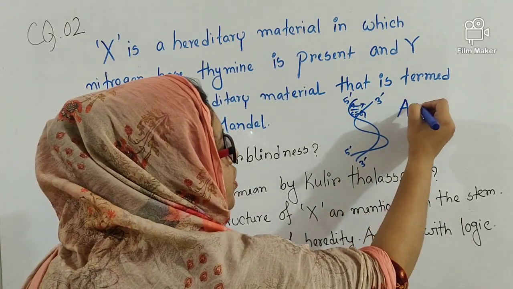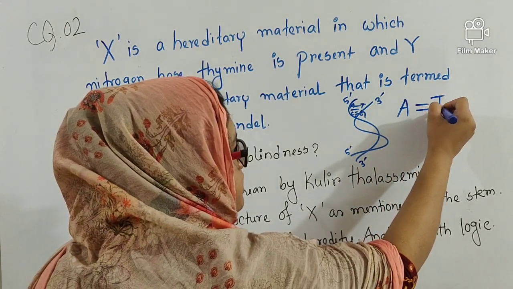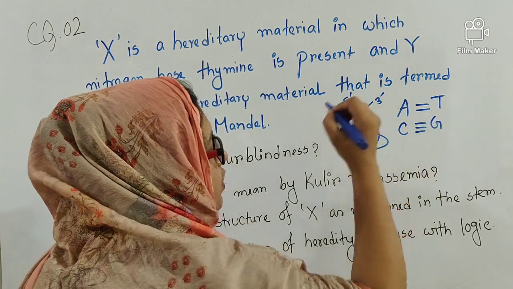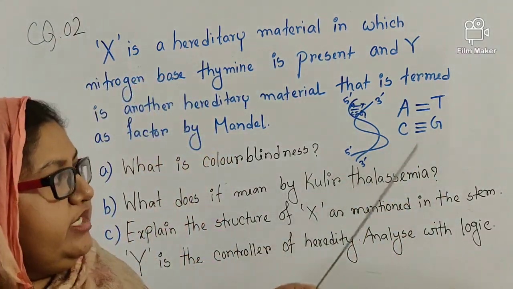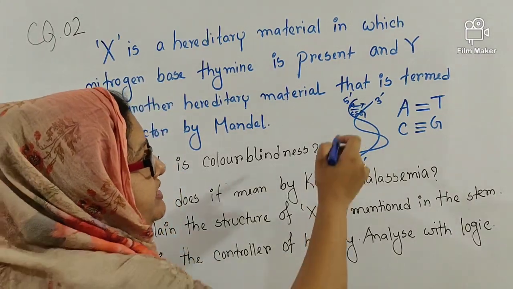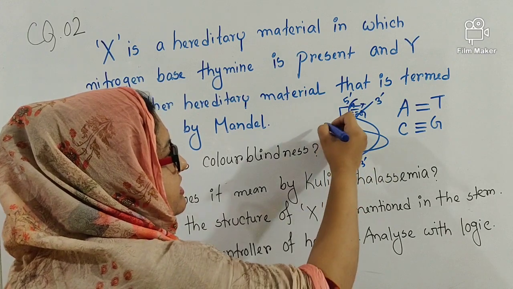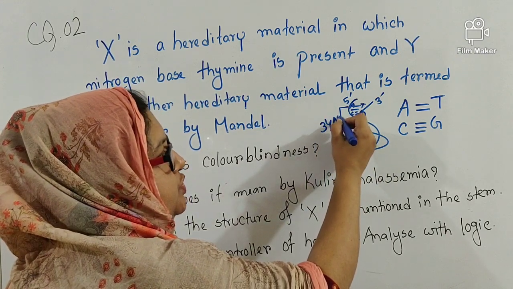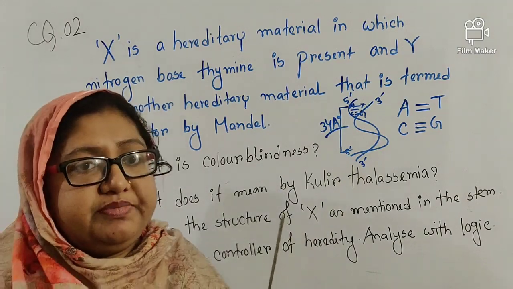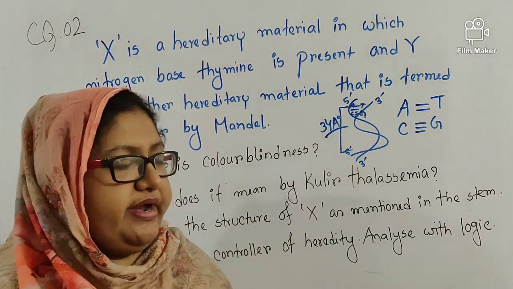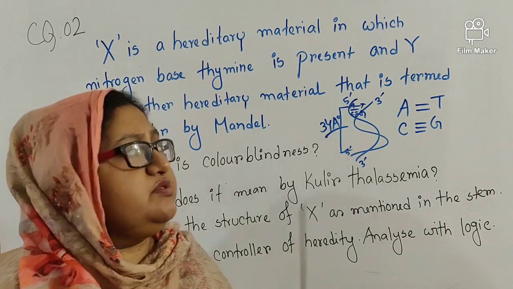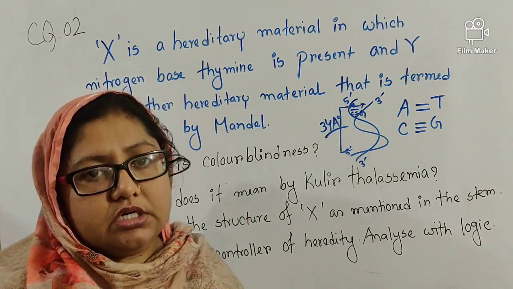So, adenine is always bonded with thymine by 2 hydrogen bonds. Cytosine is always connected with guanine by 3 hydrogen bonds. And in a complete turn, the distance is 34 angstrom, and it is found that there are 10 nitrogen base pairs or nucleotides in a complete turn. So what is the distance between two adjacent nucleotides?